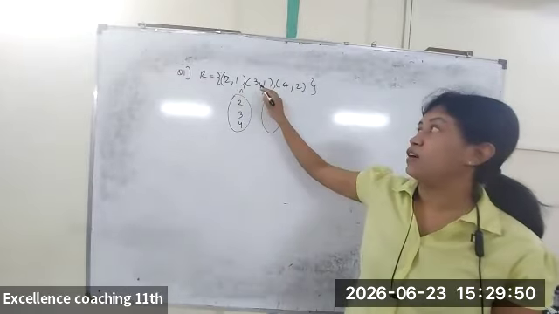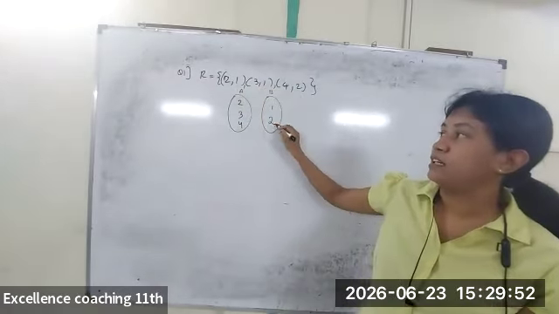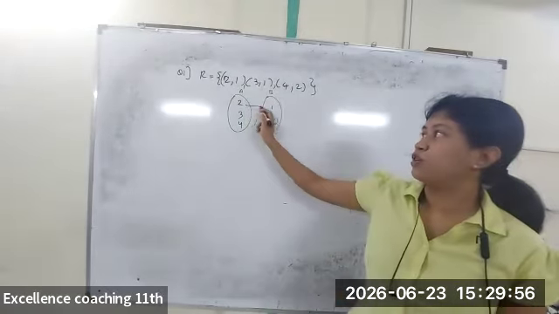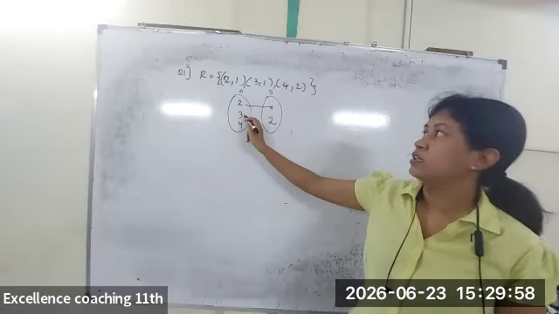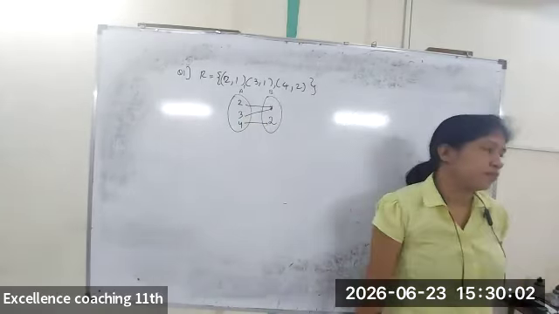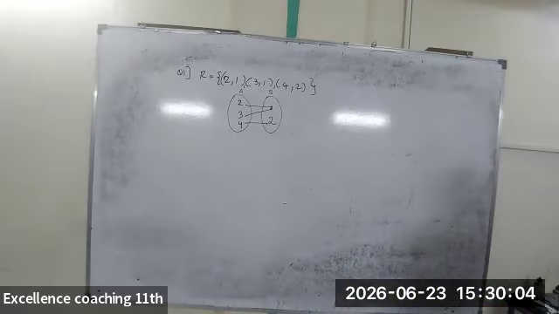One is already written, no need to write it again. Now put the arrow. 2 is going to 1, 3 is also going to 1, 4 is going to the next. So is it a function? Yes.